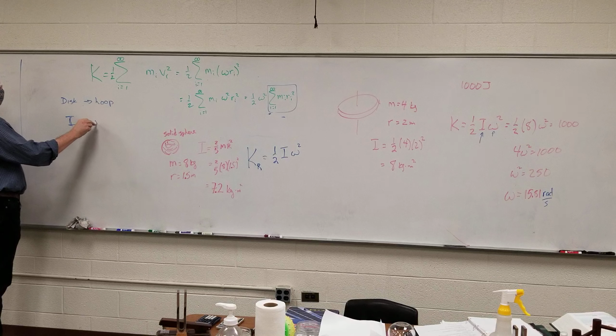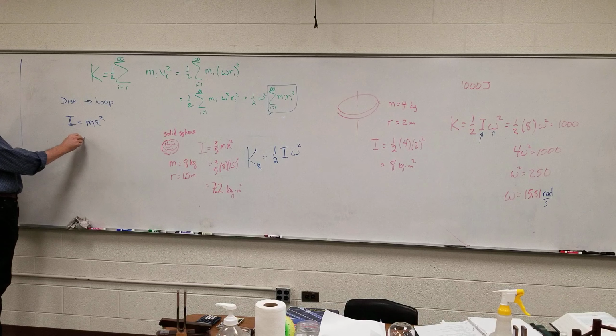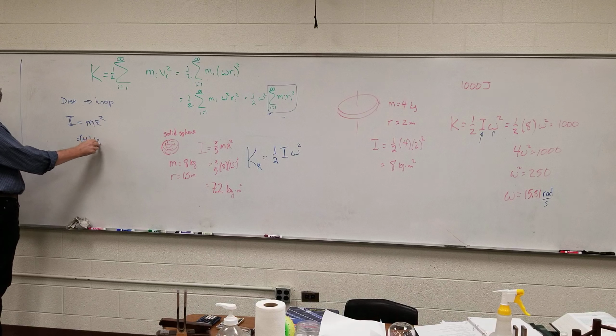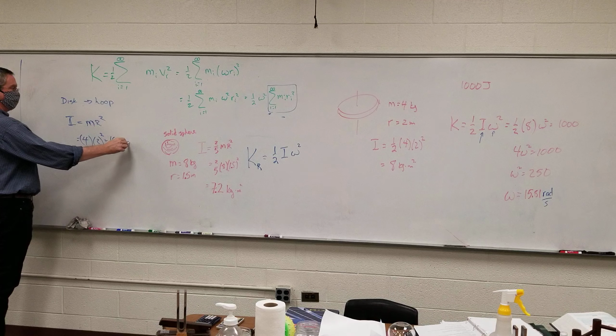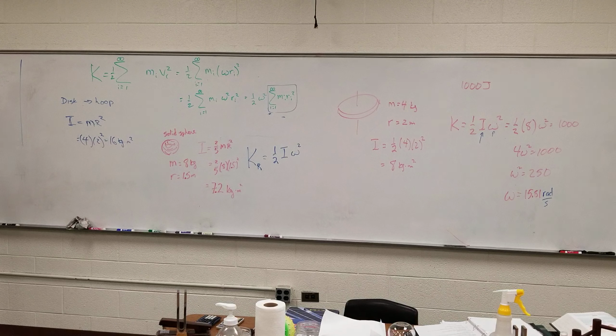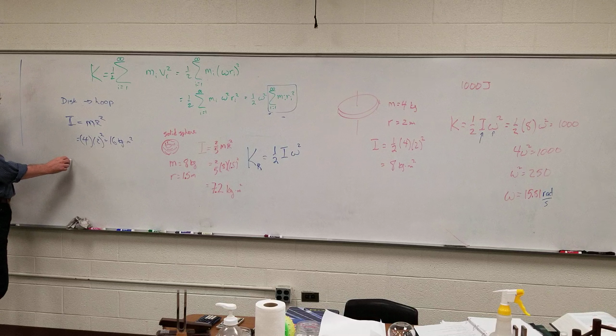I is equal to MR squared, which is 4 times 2 squared, which is 16 kilogram meter squared. So now, how fast does the hoop need to go?